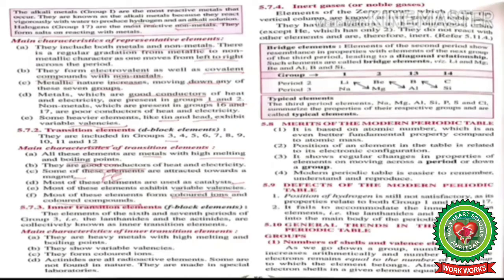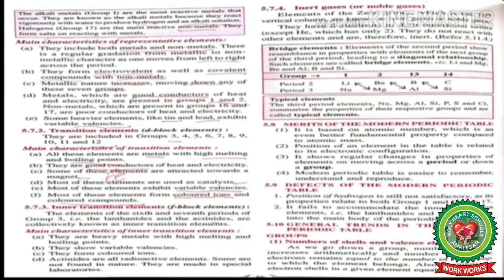Inner transition elements or F block elements. The elements of the 6th and 7th periods of group 3, that is the lanthanides and the actinides, are collectively known as inner transition elements.